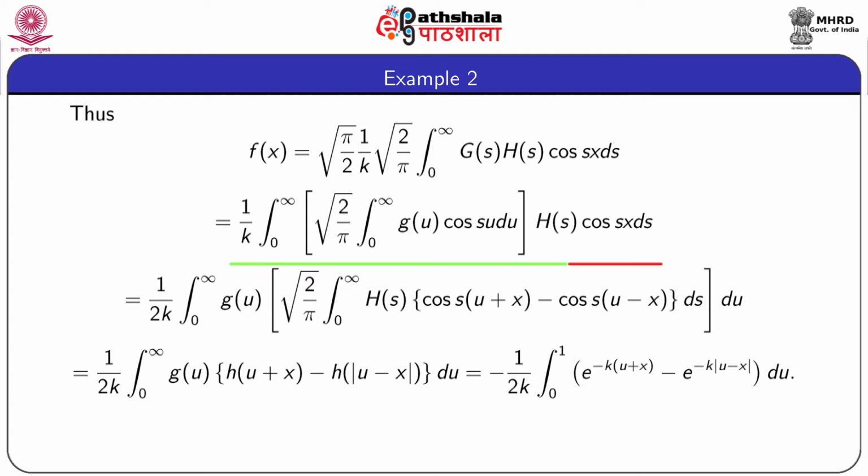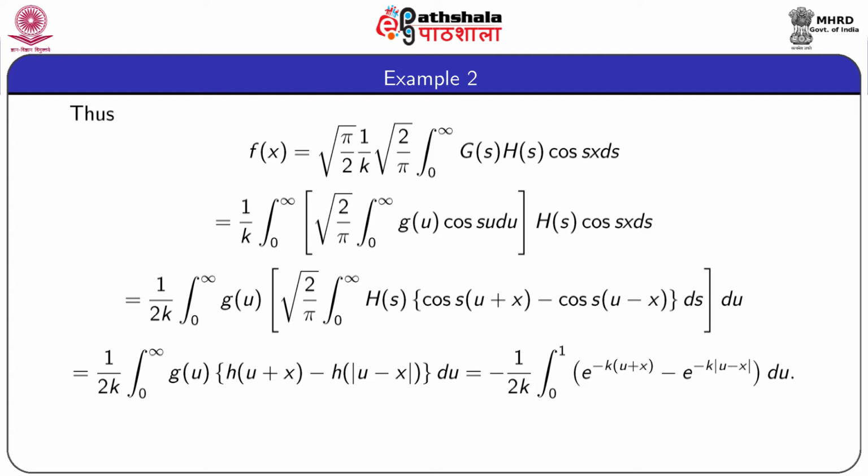This term we have written in place of capital G(s), and that is multiplied by capital H(s) cos(sx) ds. Now, we interchange the order of integration.